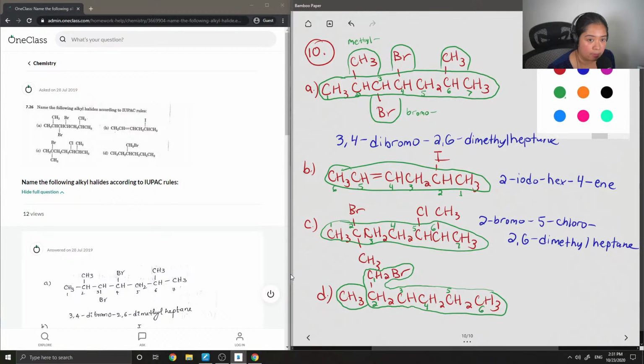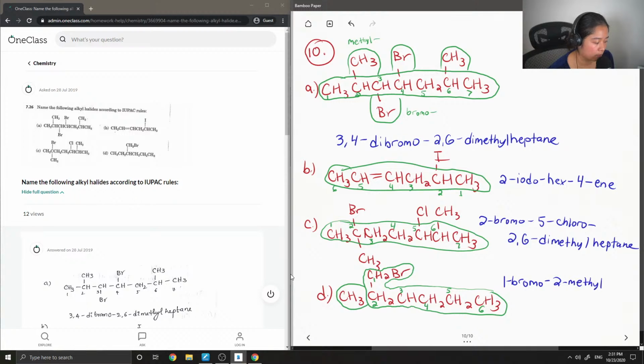And then to name this, it would be 1-bromo, because the bromine is on the first carbon. And now 2-methyl hexane, because there are 6 carbons.